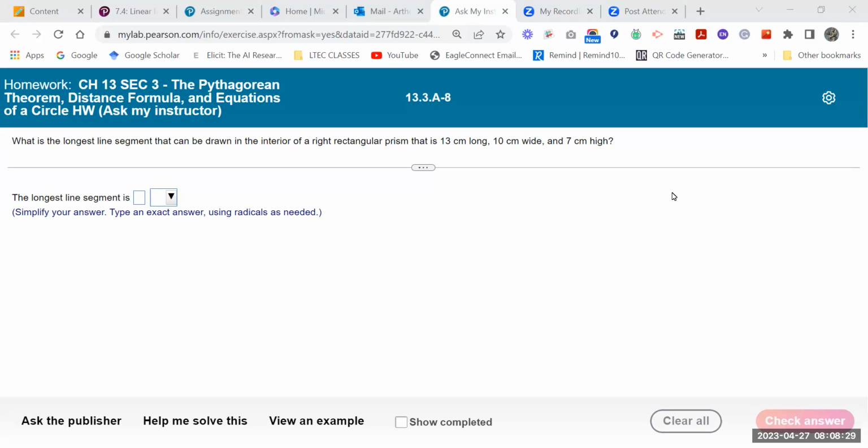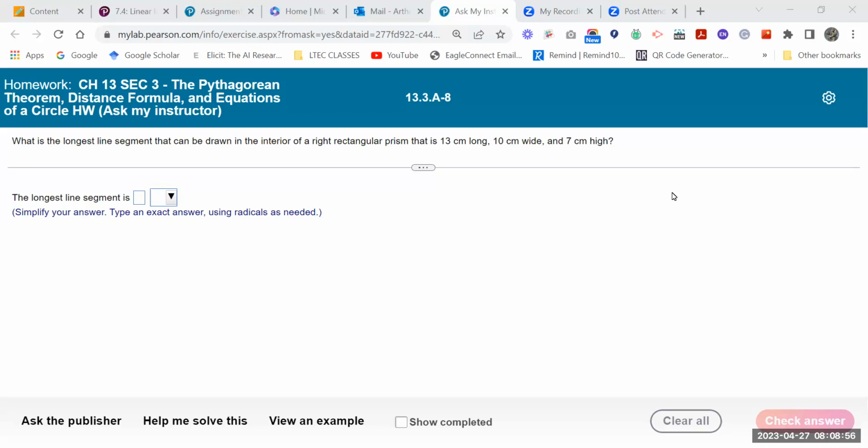So what it's asking pretty much is the plate on the bottom, the plate in back, or the plate on top? Which one is the longest? If you go from here to there, that's only 7 and 13. If you go on the bottom, it's 13 and 10. But what's this top plate?